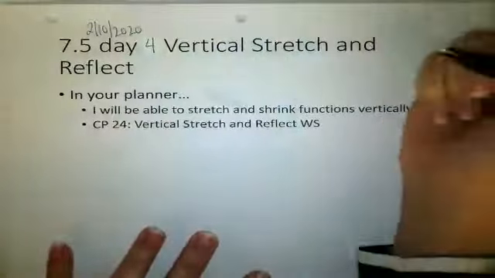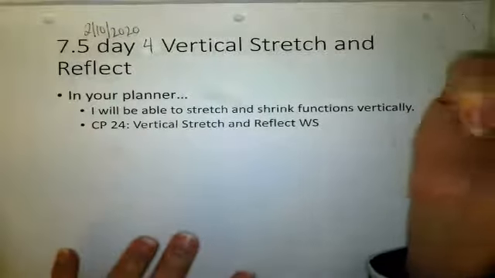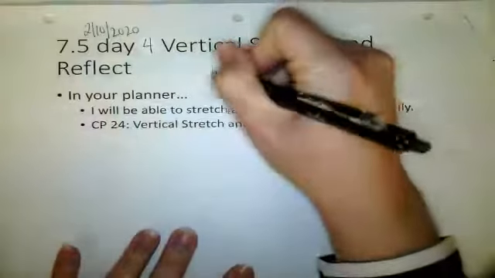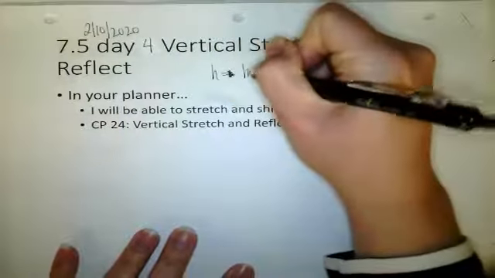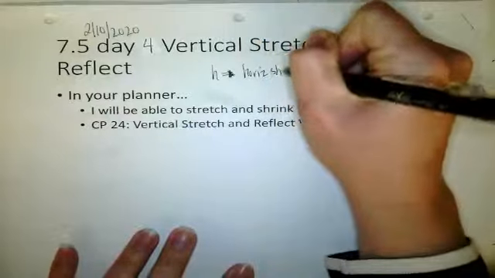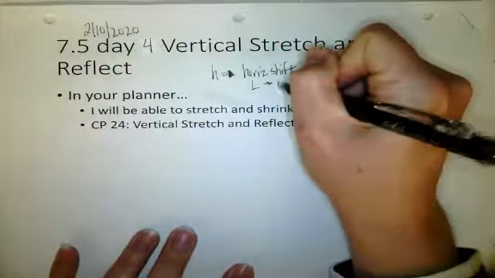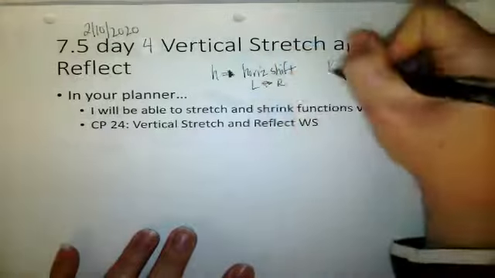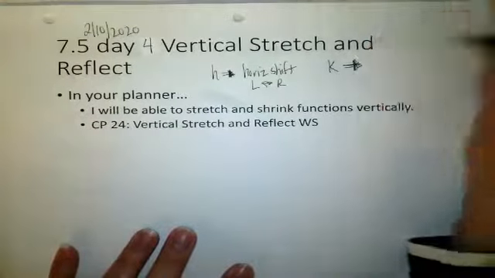last week we talked about translation, where we were sliding left, right, and up and down. The H value was the horizontal shift. When it was inside the function, it shifted left or right. What does the K value do? Up and down.